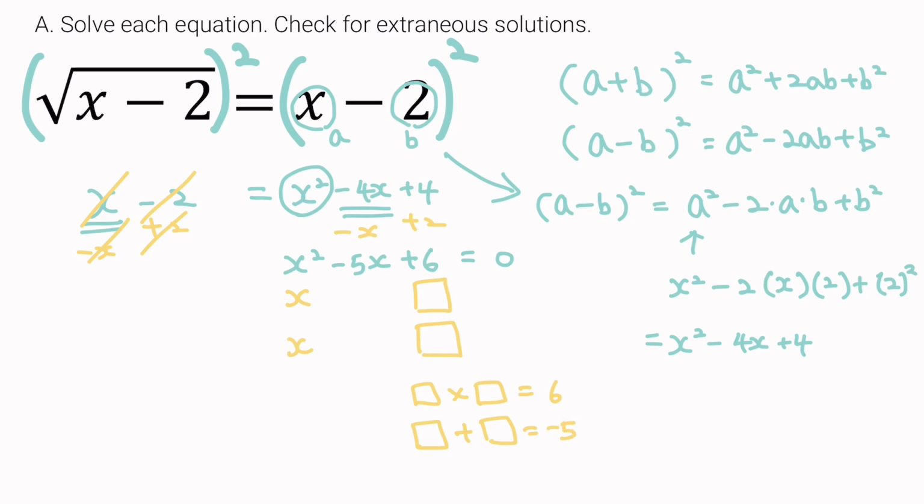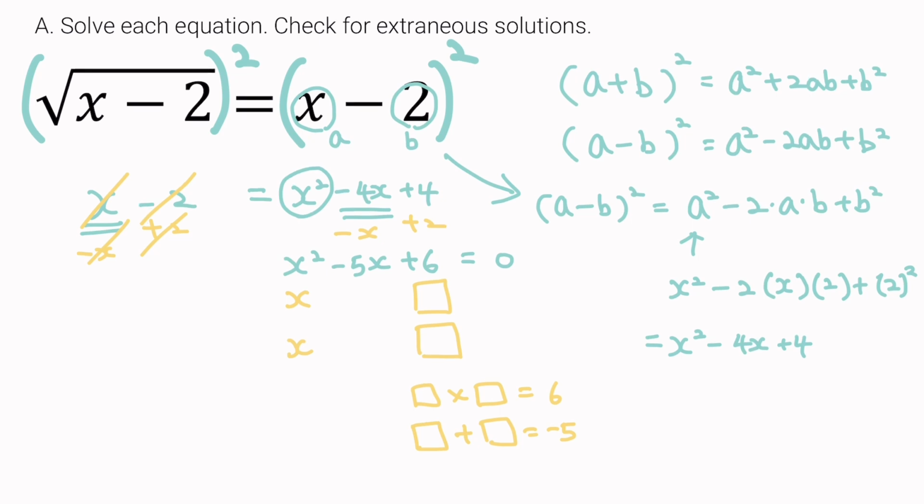Well, let's try various numbers. 1 and 6, negative 1 and positive 6. That's going to give me negative 6 when multiplied, positive 5 when added together, so it's not going to work. 2 and 3 with a negative sign somewhere.